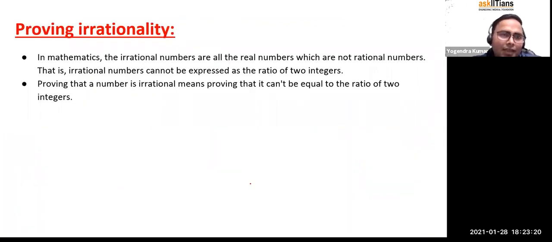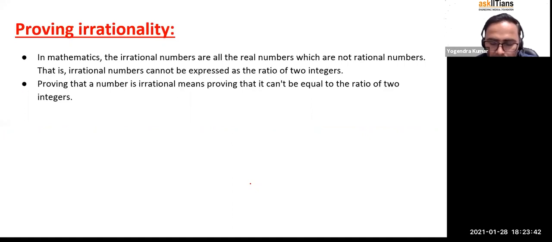Now we have next, proving irrationality of a number, an irrational number, obviously, right? So how do we prove that it is an irrational number? Suppose I say a simple question: root 2 is an irrational number, prove it. Now we need to recall the definition of rational numbers.